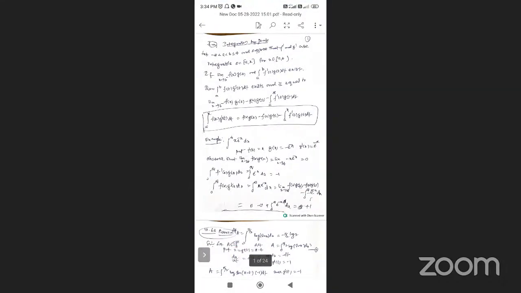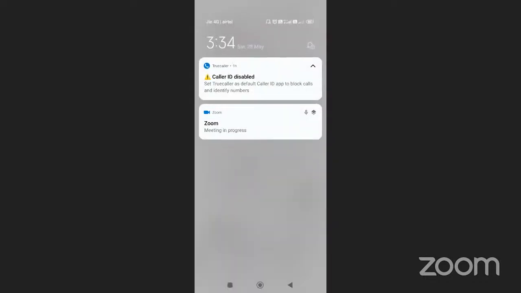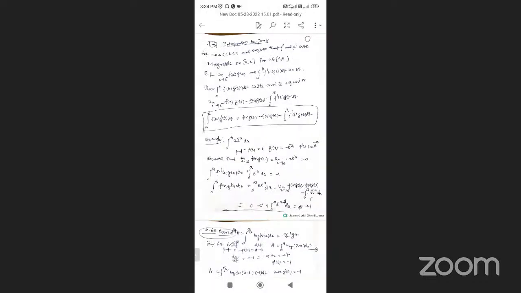Look, everyone, open this notes, page number 1. All of you, share the screen of these notes. Number 1: integration by parts, no intermediate level. So this is integration by parts. Minus infinity is less than a is less than b less than or equal to plus infinity.